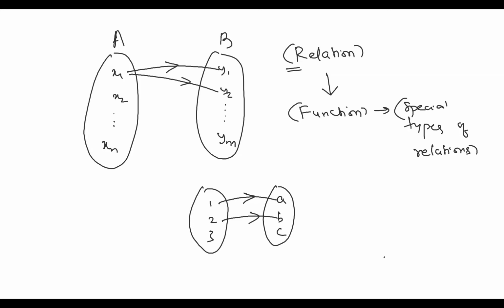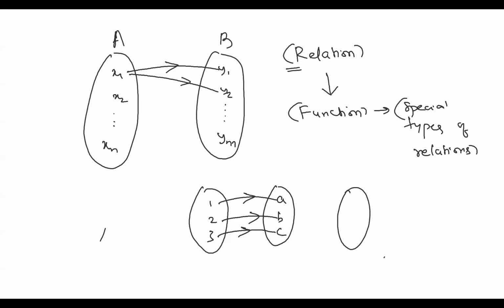Why? Because in the first set, every element should have an image. Every image should have a unique pre-image. You're able to understand? Meaning, if 3 is related to C, this can be called a function.